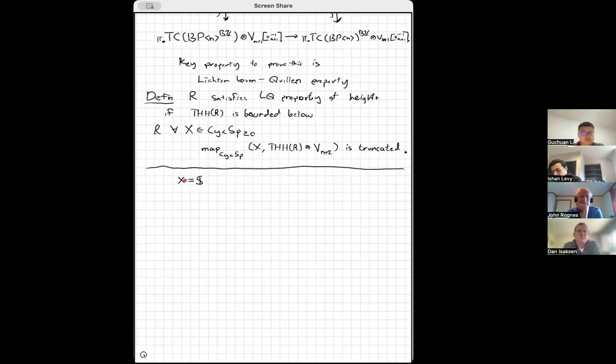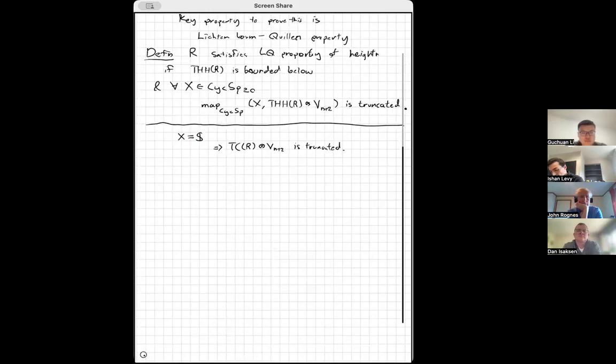So taking X to be the sphere, you learn that TC of R tensored with a type n+2 complex is truncated. And then I'll mention one more thing that you get out of this, which in some sense is everything.